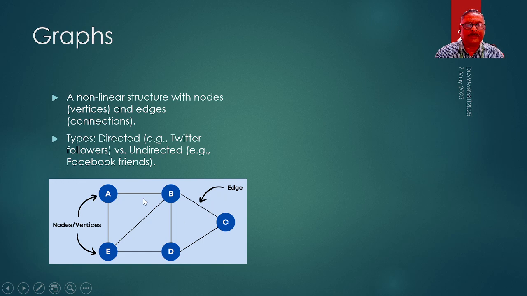That means there is some relation between A and B because there is an edge here, but there is no relation between A and D directly because there is no edge between A and D. We may find some relation via B or via E to D, or via A, B, C and come to D, or any way. But directly from A to D, there is no direct relation. So this is what the graph talks about.